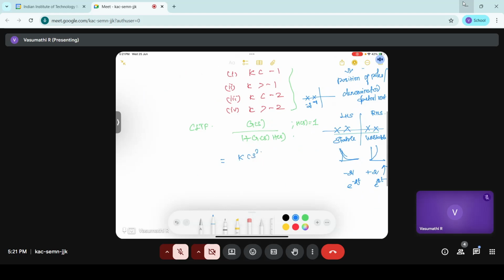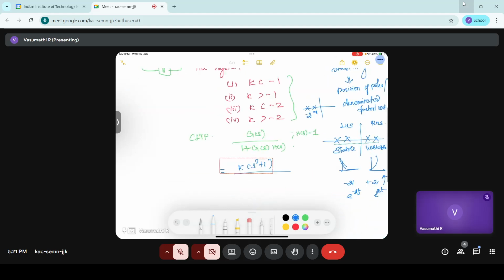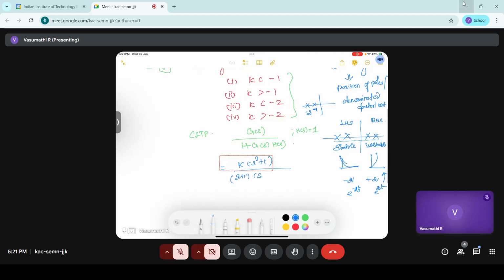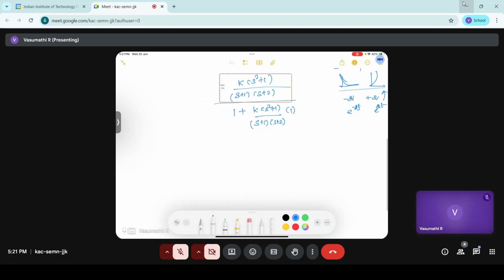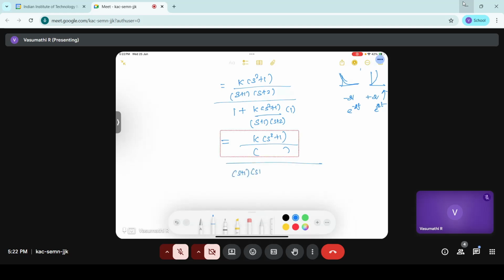K into s square plus 1 divided by s plus 1 into s plus 2, divided by 1 plus the same transfer function g of s into 1, right? So I'm going to keep the common term there, s plus 1 into s plus 2 plus k into s square plus 1, whole by the same denominator.